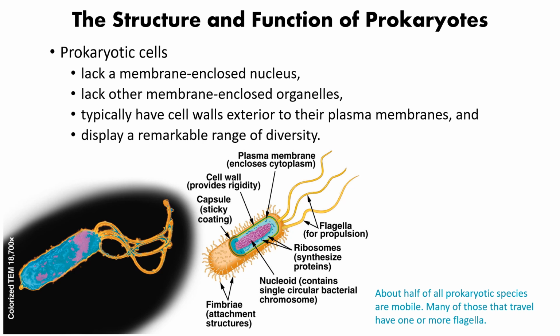Now, one thing about the prokaryotes is that they're extremely diverse, and you can find lots of different forms. They can look very differently. About half of them will have some type of flagellum, which are these tail-like structures. They look very similar to what we would see on a sperm cell. These flagella allow bacteria to be mobile and move around.